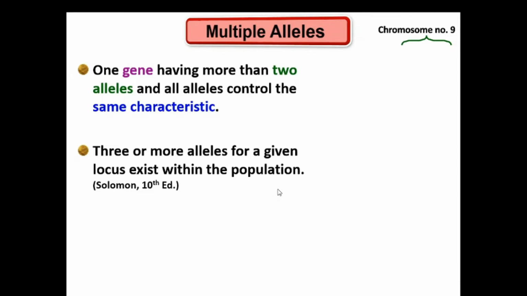In chromosome number 9, one locus controls the blood type. In this case, we are discussing the ABO blood type group.